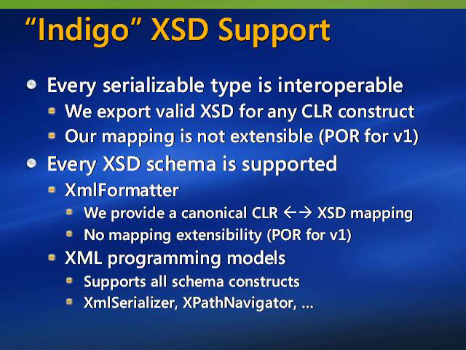So rather than creating some convoluted programming model, we split these stacks. Serialization is about interoperability of CLR data, projecting good schemas, getting loose coupling and service orientation for CLR data, and over here you have the XML programming side.